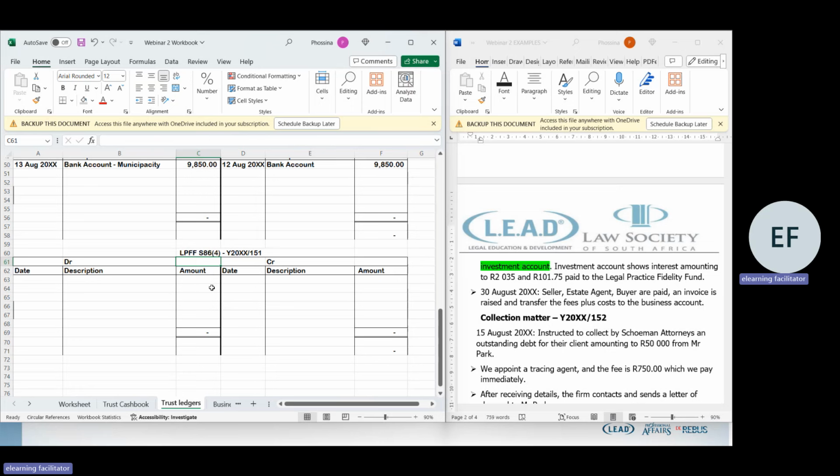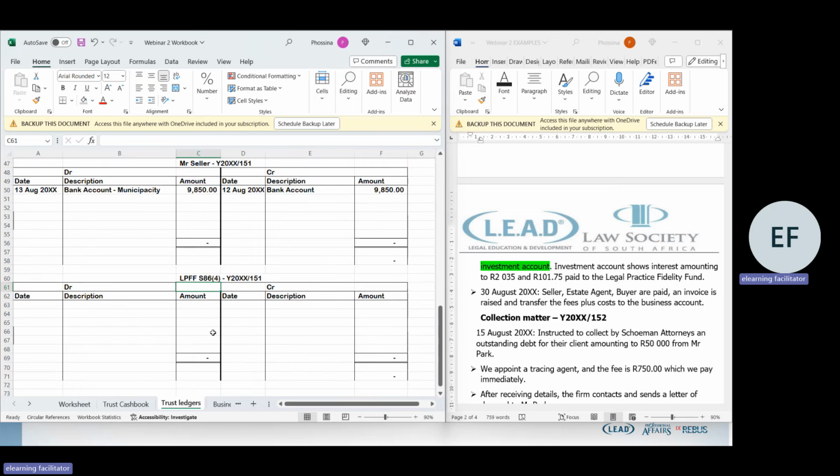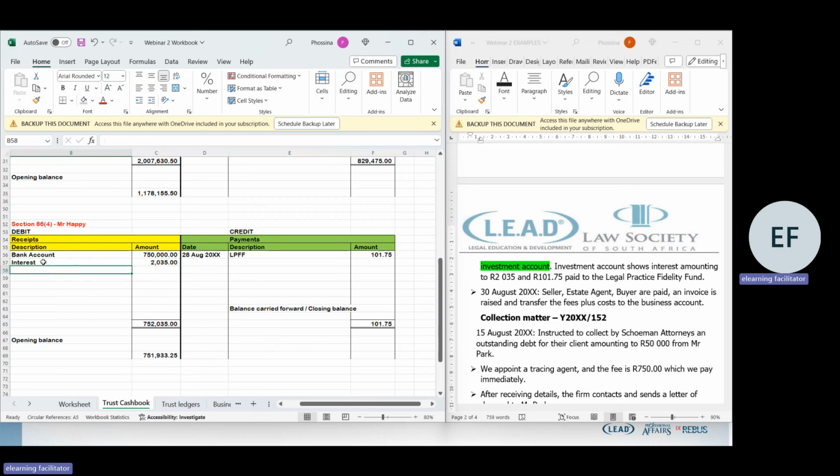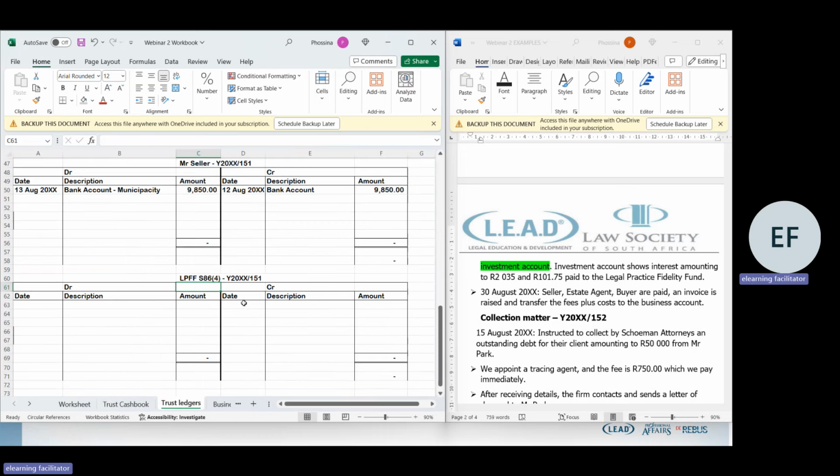In this case, remember, we have received in the investment account, so we credit in date August 20XX. We are crediting, and it's interest in section 86.4. And the interest, how much is it? 2035 multiplied by 5%. That is the interest.